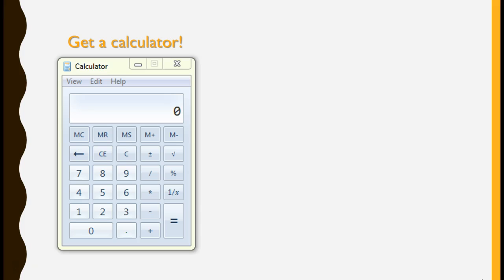Let's look at our first fraction, 1/4. Now if you look at your calculator, you can go ahead and press 1 divided by 4 equals, and then tell me what you see in the window.